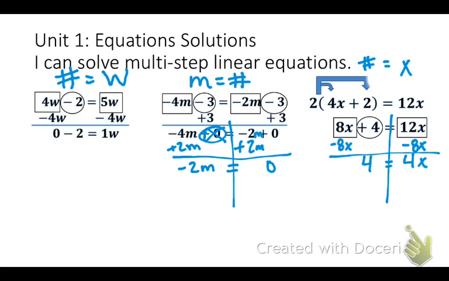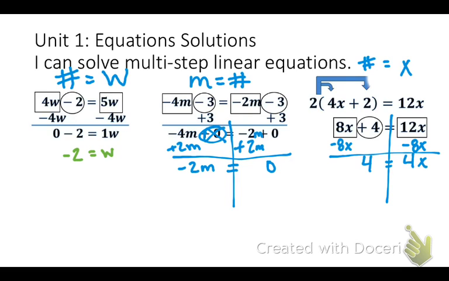All right, now I need to solve for my w in the first one. Clearly 0 minus 2 is still -2, and 1w is just w. So my answer is -2 equals w. Now I'm looking at the second equation, and what's left of it is -2m equals 0. Looking at the -2m, I ask myself, what is happening?